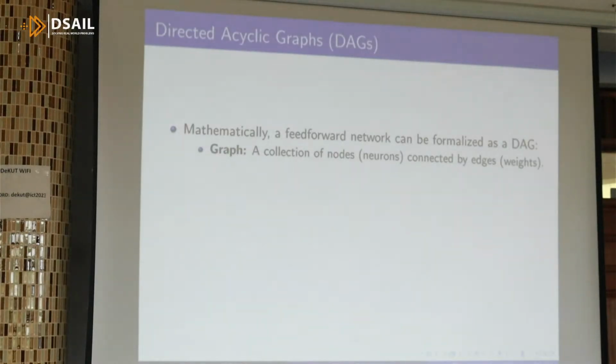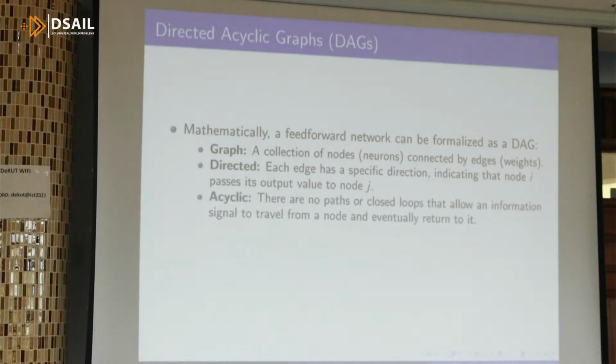And then directed here simply means that each edge has a specific direction, indicating that node i passes its output value to node j, never backwards. So it's a forward flow and there's no feedback. And it's acyclic in the sense that it's not cyclic. There are no paths or closed loops that allow an information signal to travel from a node and eventually return to it.